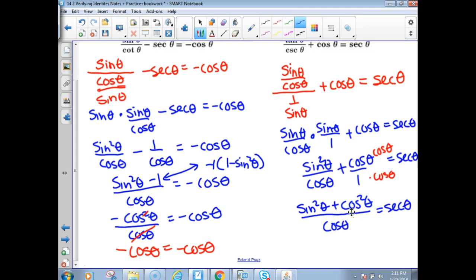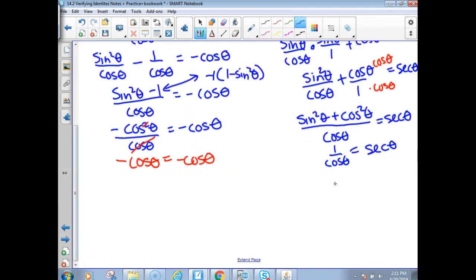What does sine squared plus cosine squared equal? It equals 1. So we have 1 over the cosine of theta equals secant theta now. And the final thing to write is that you know this is worth the secant, so secant theta equals secant theta is your last step.